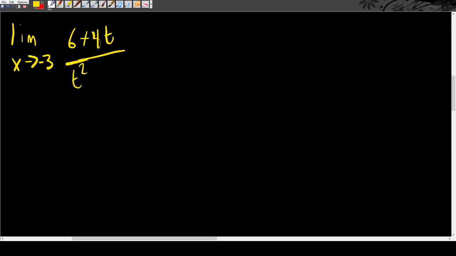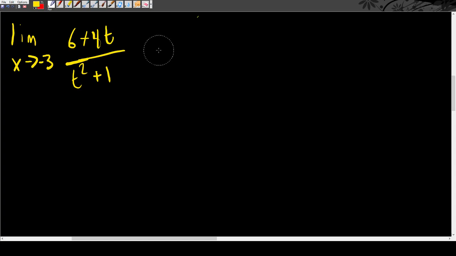Moving on. Let's get another problem. Limit as t approaches -3 of 6 plus 4t over t squared plus 1.